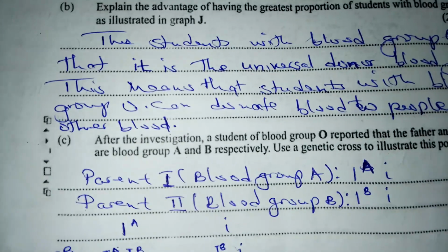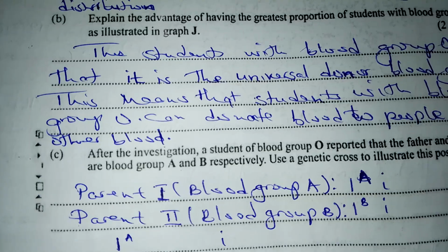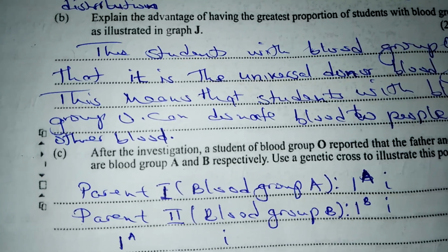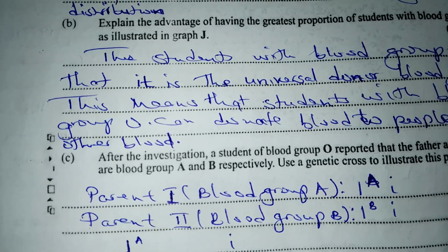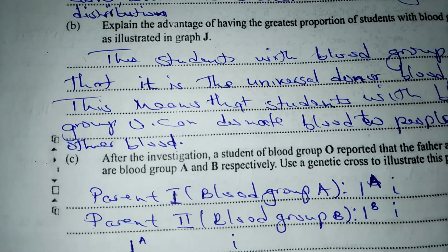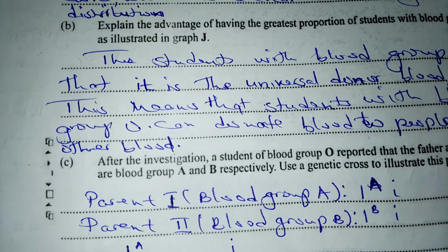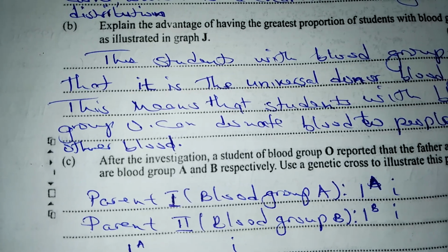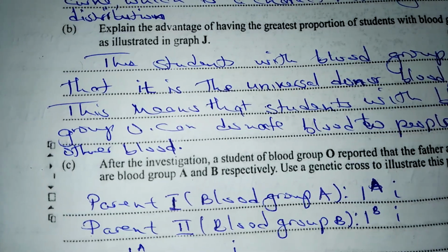So you can see there's parent 1 and parent 2. Parent 1 has got the blood group A. Those are the antibodies. The small letter represents the small a, and the A and B represent the antibodies.